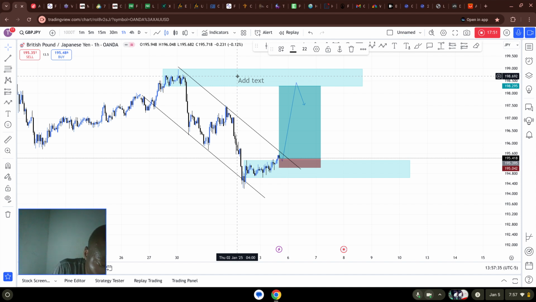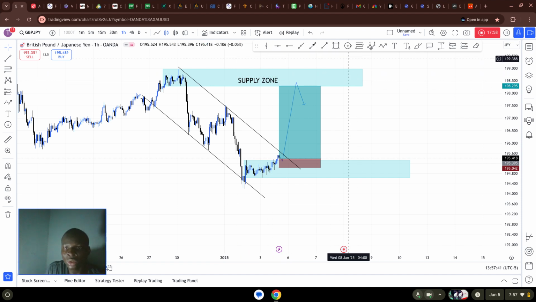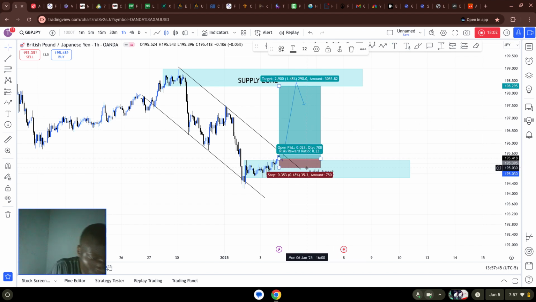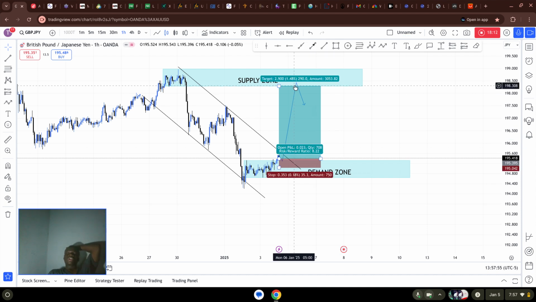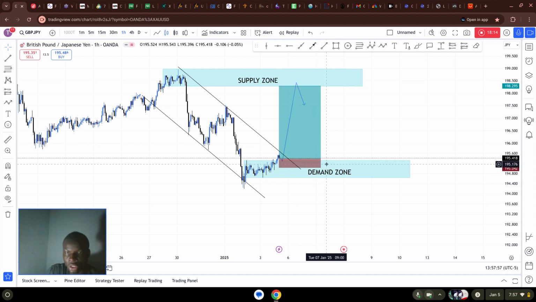Demand zone, supply zone. In the demand zone, when the market touches, we wait for it to come back to this point here and reverse.